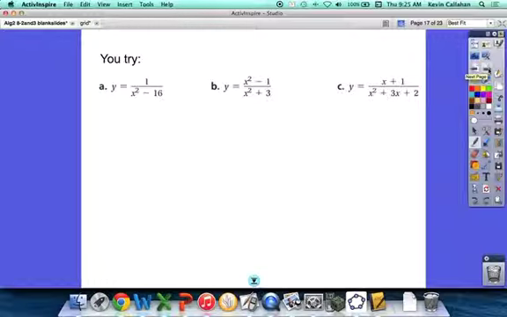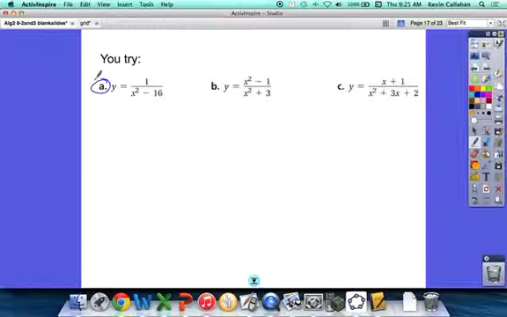Let's see, we're only going to do one of these. Set equal to 0, solve. Tell me what it is. Oh, we've done them like this. Come on.